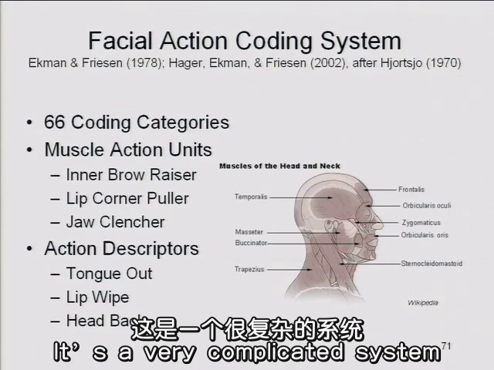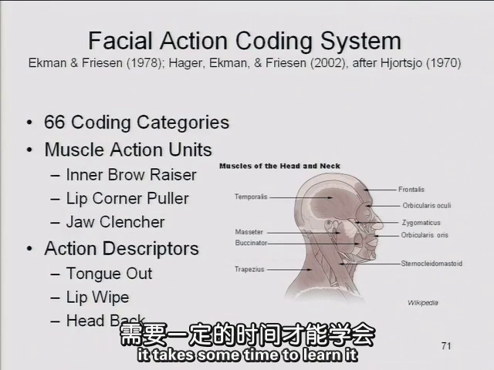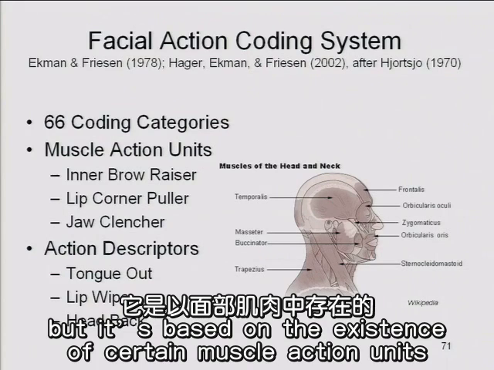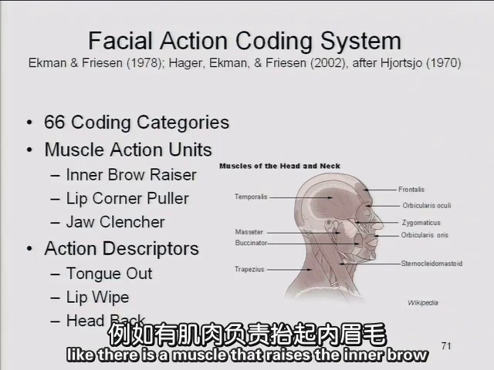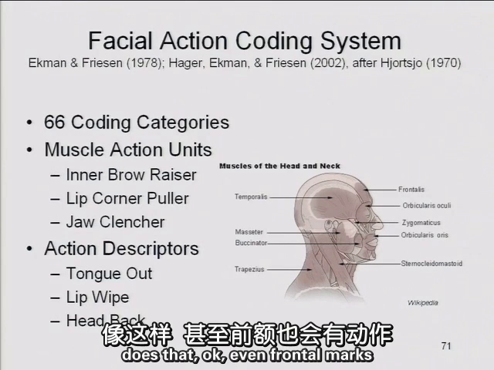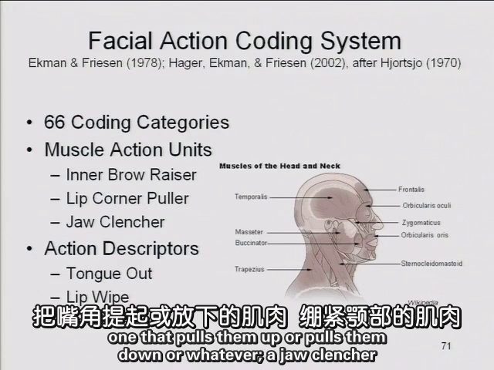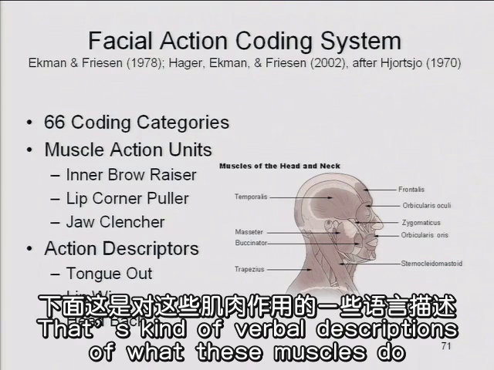It's a very complicated system, takes some time to learn, but it's based on the existence of certain muscle action units in the facial musculature, like there's a muscle that raises the inner brow, does that, okay? You can be Groucho Marx. And there's a lip corner puller, one that pulls them up or pulls them down, a jaw clencher. Those are verbal descriptions of what these muscles do.